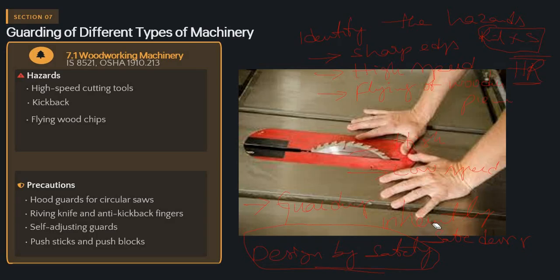Which guard, whether a fixed guard is suitable here. A fixed guard is suitable, really? You said a fixed guard is suitable. Fixed guard means I cover this and this and put bolts. Now is it possible to do the operation?